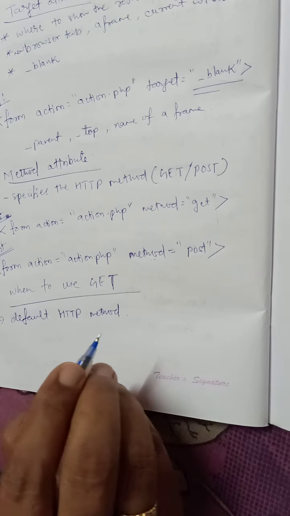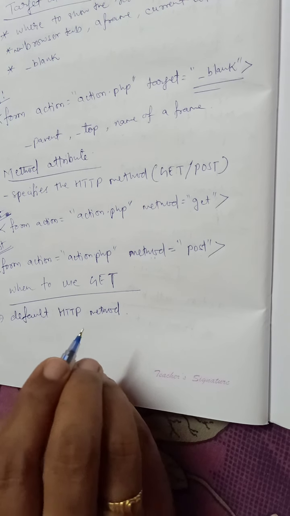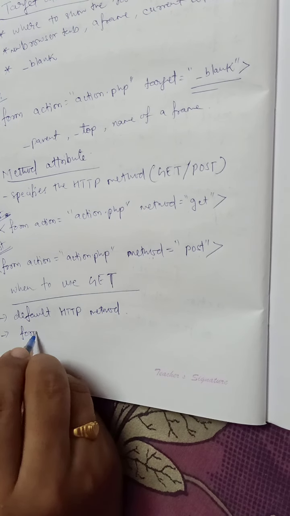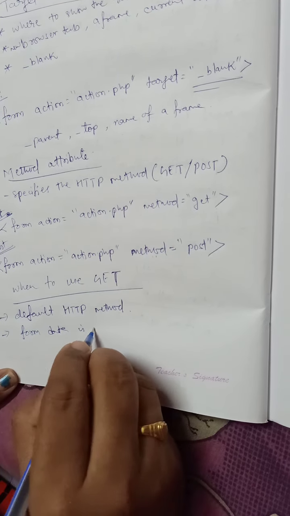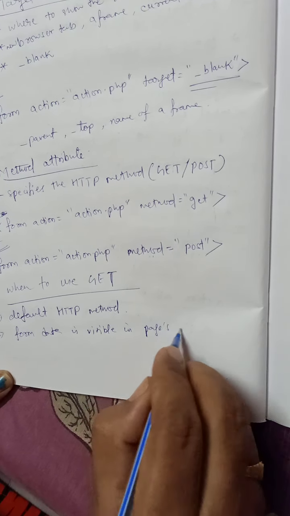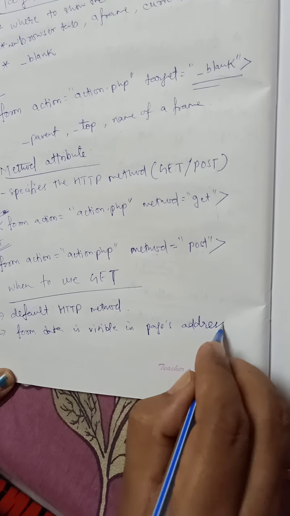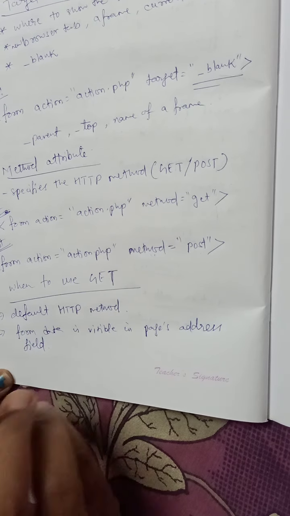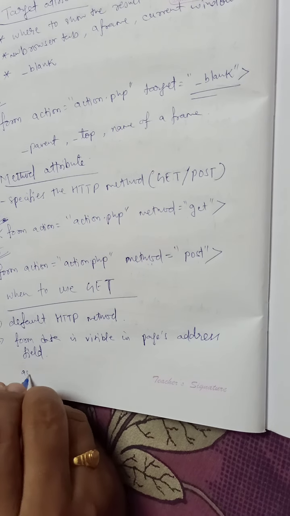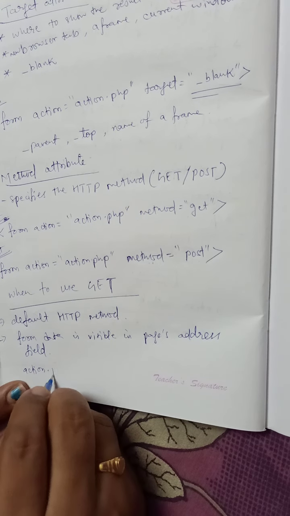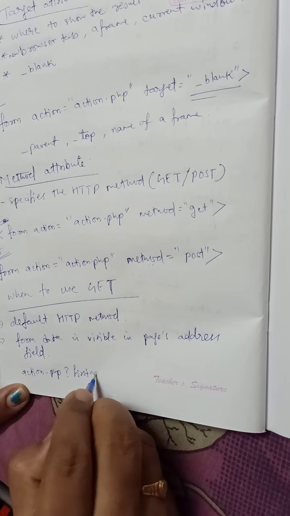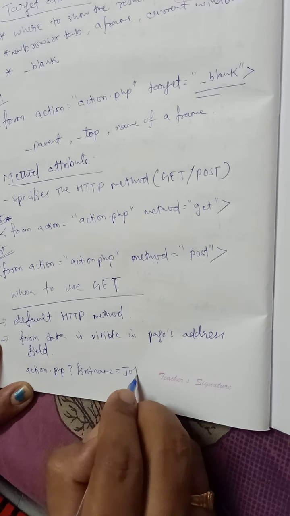However, when get is used, the form data is visible in the page address field. You must have seen like action.php question mark first name equal to John.